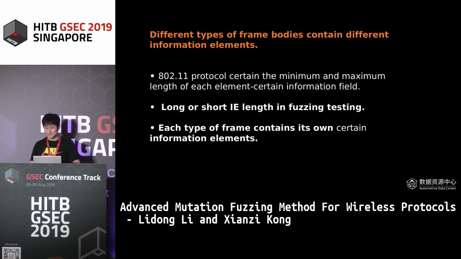Different types of frame bodies contain different information elements. The 802.11 protocol specifies the minimum and maximum length of its information fields. Long or short IE length is used in fuzzing targeting. Each type of frame contains its own specific information elements.